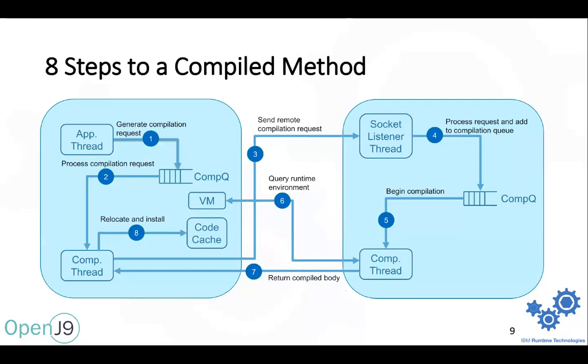For JIT as a service, this is the point where we actually communicate to a server. So a compilation thread will initiate a connection to the server and pass the request along. It will pass along the Java bytecode and along with some metadata that the server needs to start the compilation process. And this is step three.